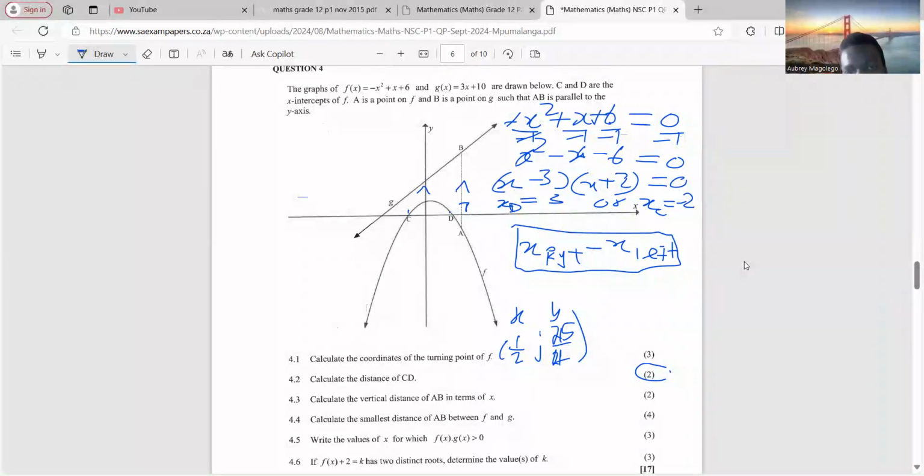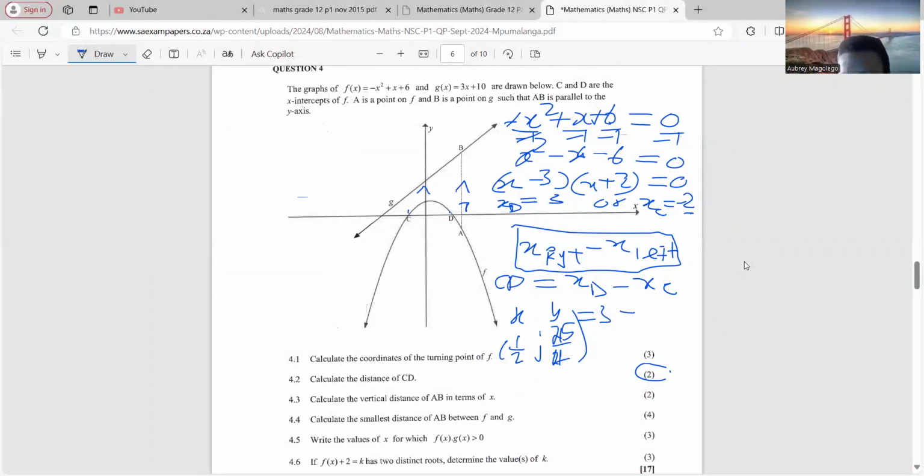Remember, we are looking for a distance, and when we are finding a distance for a horizontal line it is x right minus x left. It means now since D is on the right, it's going to be x at D minus x at C. So the distance of CD is equal to x at D minus x at C. We know that x at D is equal to 3, minus, don't forget, the x at C is -2.